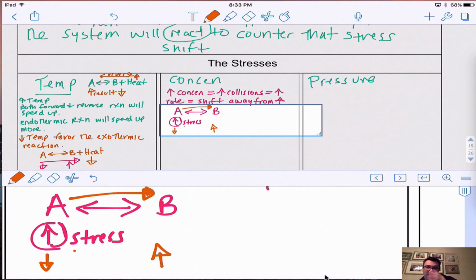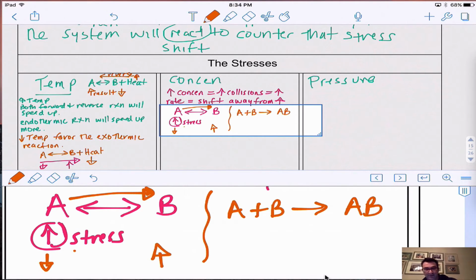Now we saw this in the lab with the chips. When we added more reactants, we used up some of those chips and we shifted towards the products. And this is the same thing here. If I look at a reaction that's a little bit more complex, let's say I have A plus B yields AB, and again I stress the system by increasing A. Well, the result is that A will collide more with B. We have more of the A around.